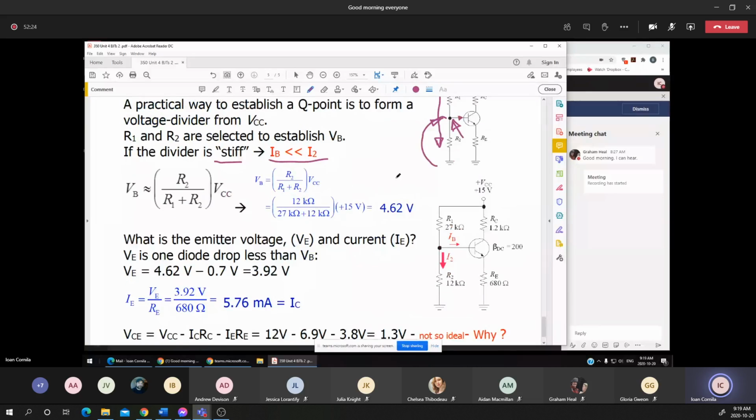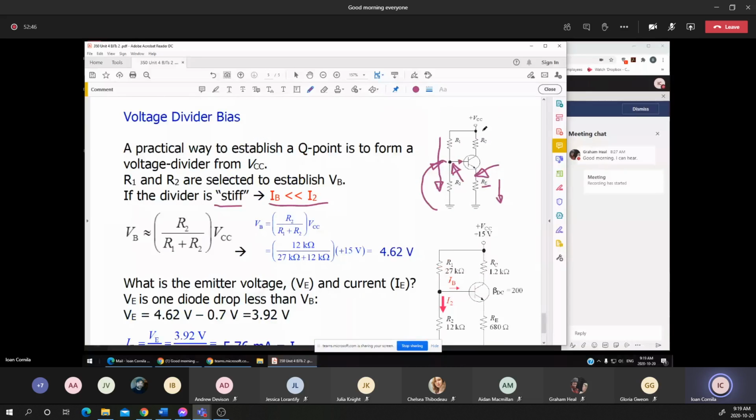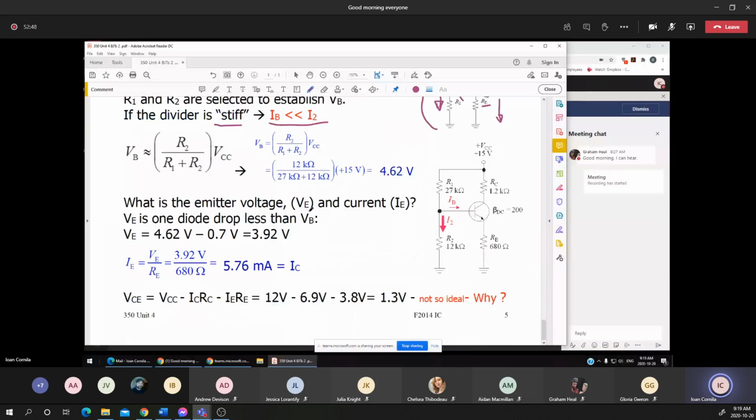Once you know this voltage, we subtract the voltage between the base and the emitter, and we find the voltage at the emitter. Knowing RE, we can determine the current that flows through the emitter, and once you know that, we can determine VC. It means that there are two steps.